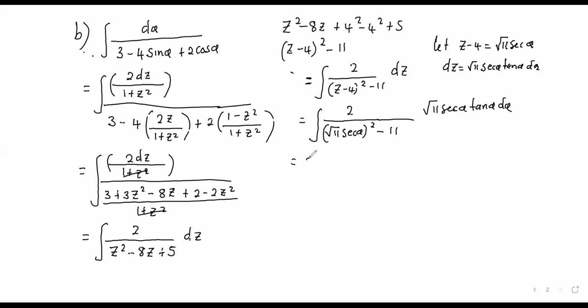And so we can take 2 root 11 out and remain with sec theta tan theta over 11 times sec squared theta minus 1 d theta. And so we know that this is tan squared theta.